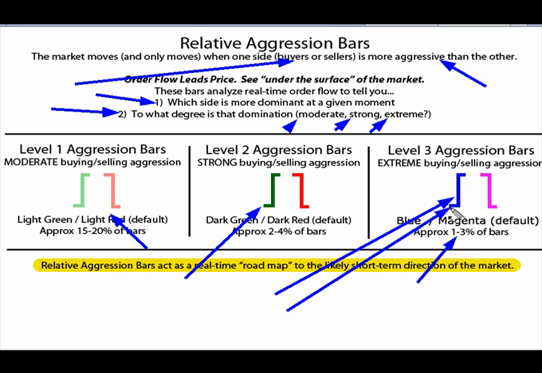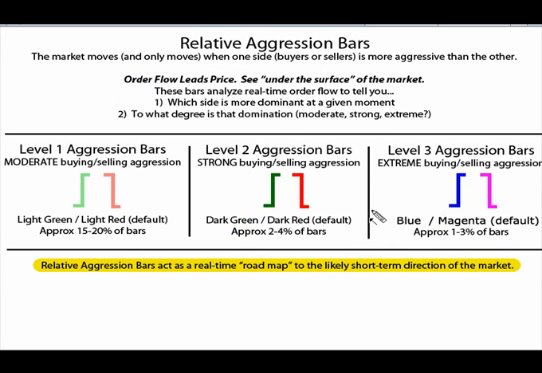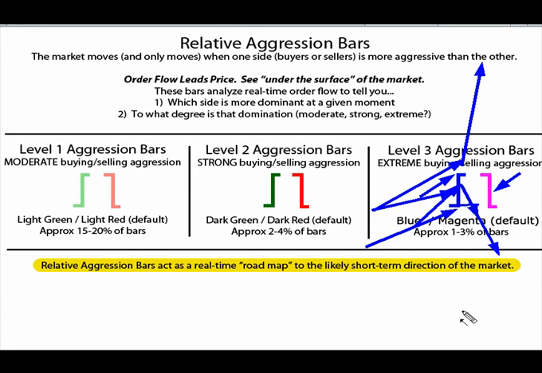But really focus on these level 3 bars when they come in, and ask ourselves, for example, if there's a buying aggression bar, level 3, our expectation would be that the low would act as support, and then if we got some follow through, then it's most likely telling us there's a pretty good vertical move ahead coming. On the flip side, if we have a buying aggression bar, we can't get much follow through and the low gets taken out, that's telling us with relatively good certainty in the short term that that's a bit of capitulation. The market's probably heading the other way. Same idea with level 3 selling aggression bars. So with that said, it gives us a bit of a roadmap.